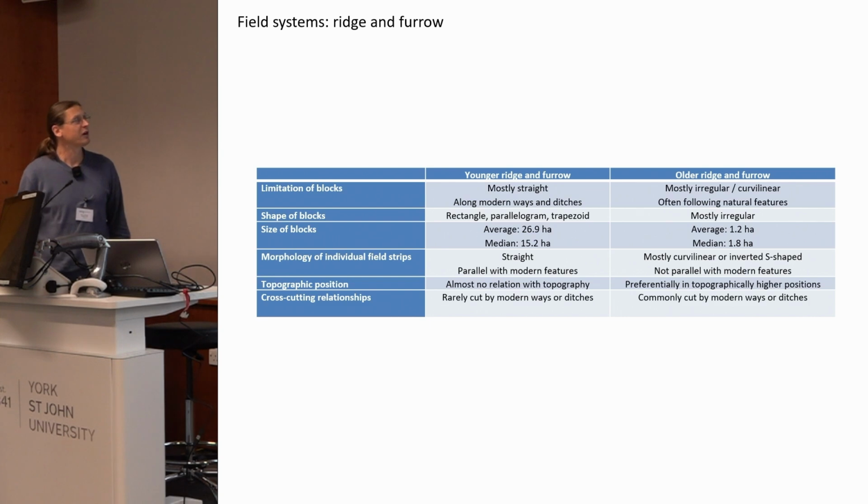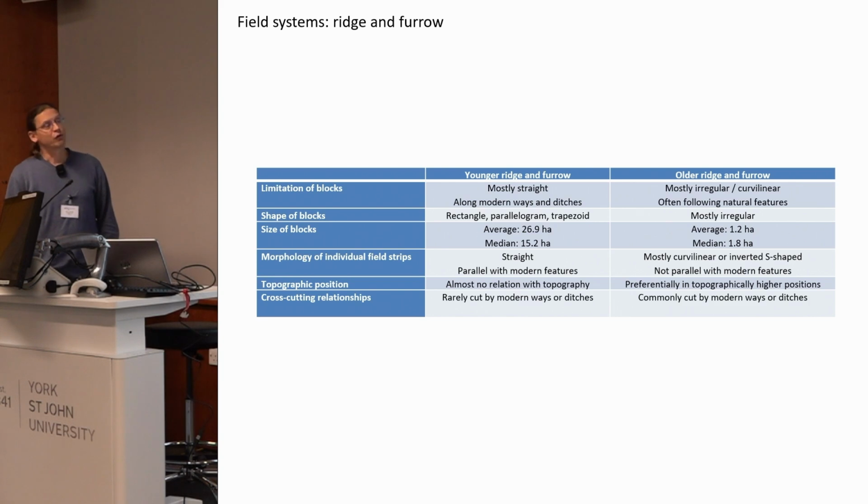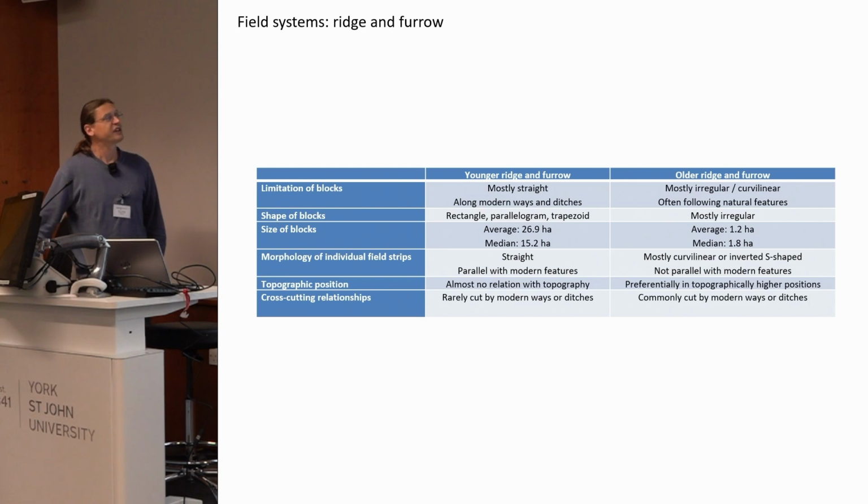The shape of the blocks for the younger ones would be rectangular, parallelograms or trapezoids, and for the older ones oval or mostly irregular. The size of the blocks is also interesting. For the younger ridge and furrow fields, the blocks are about 10 times as big as the older ones.